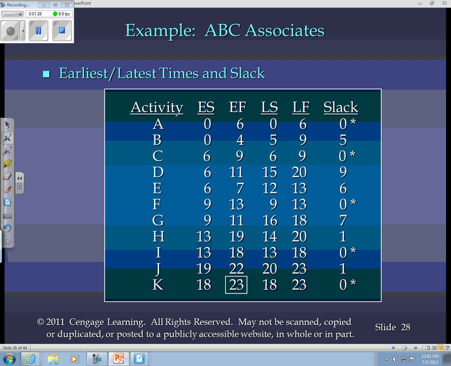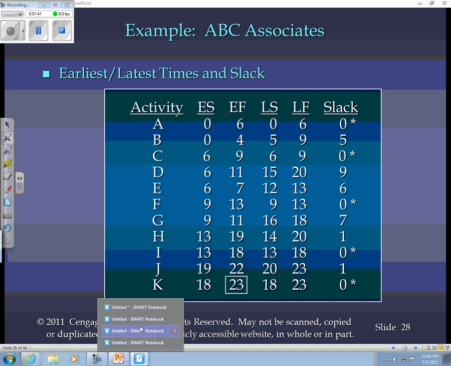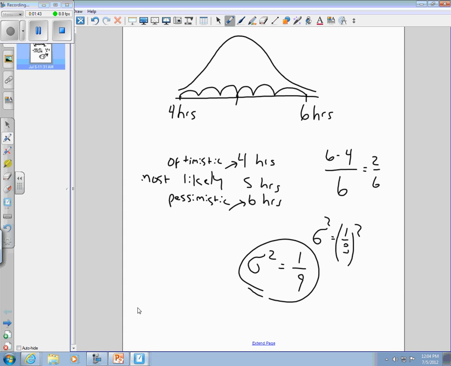Activities A, C, F, I, and K are on the critical path. So A, C, F, I, K, I'll write that down here. A, C, F, I, K are the critical path activities.